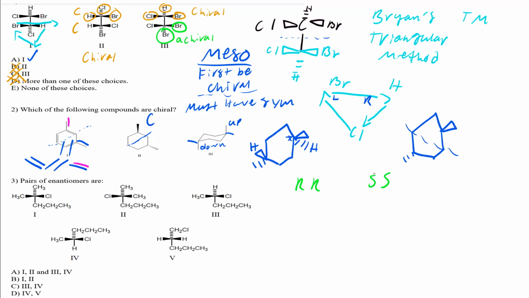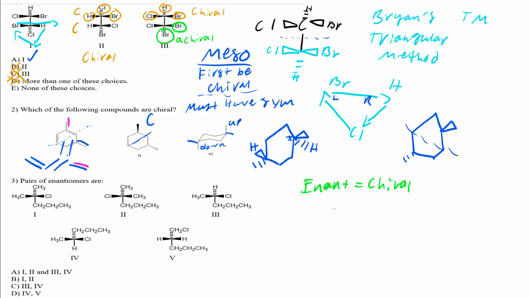So this whole molecule changed. So RR versus SS, that's going to be enantiomer. Or it could be SS versus RR, right? That's enantiomers. Well, to be an enantiomer in the first place, you have to be chiral. So enantiomer equals chiral.